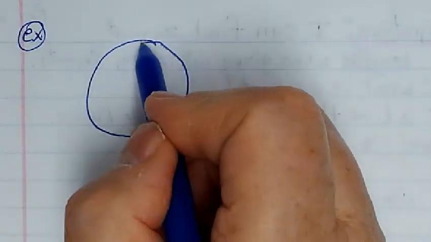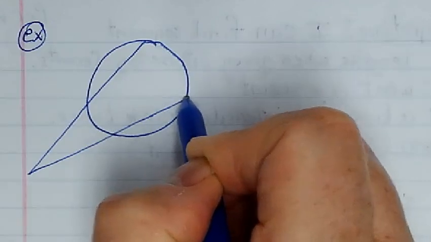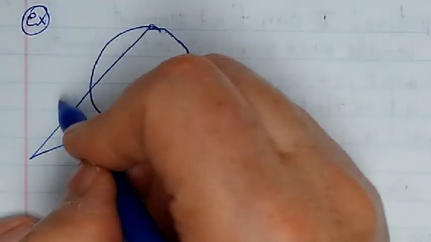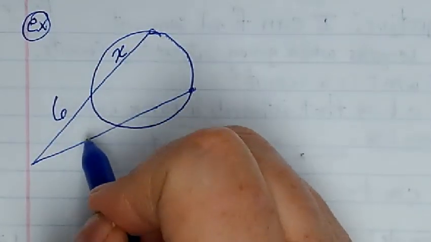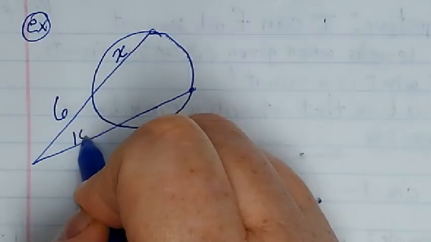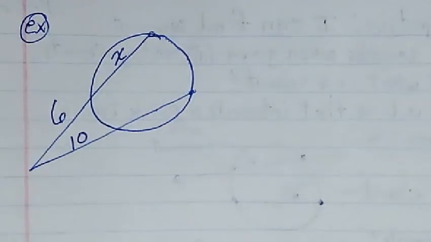Okay, example 2. Circle, secant, secant, 6, let's call it x, and I don't know, 10, hopefully this will work, 12.